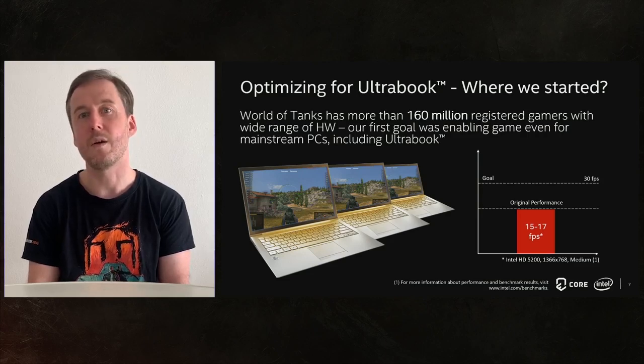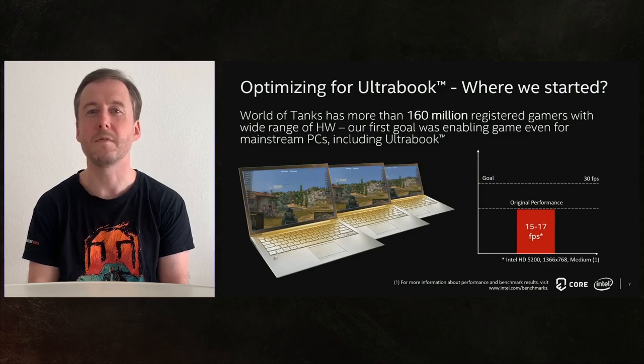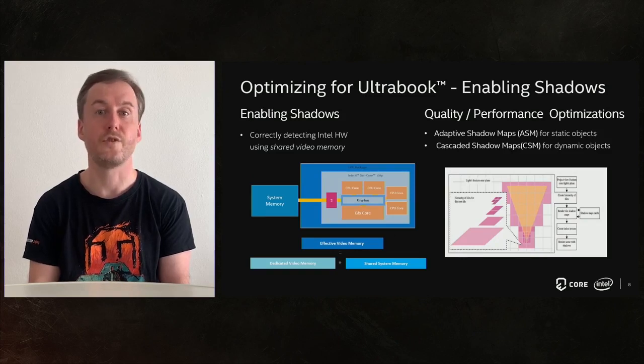And when we did our first tests, we found out that performance is about half of what we need, something like 15 frames per second. And the game misses some features like shadows. So our first task was to add shadows.